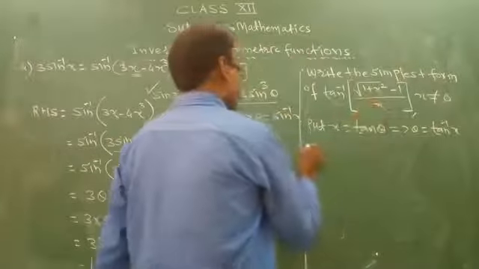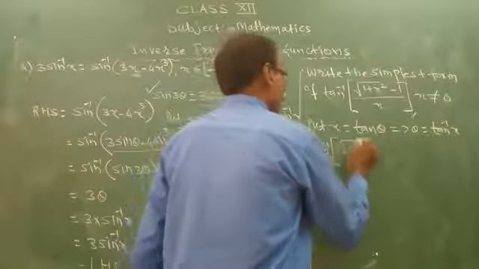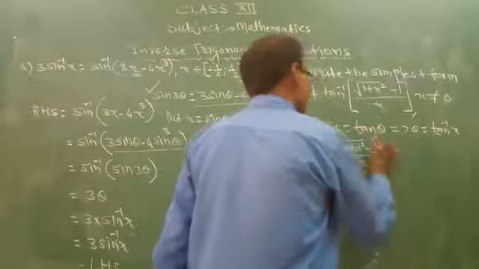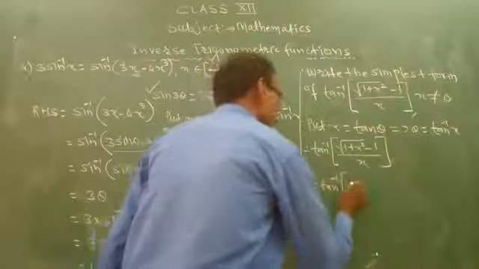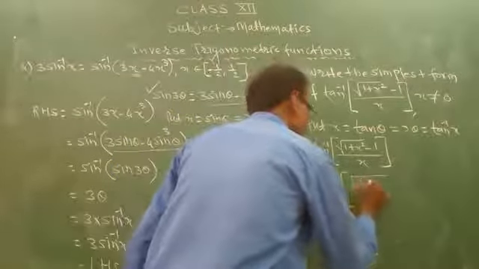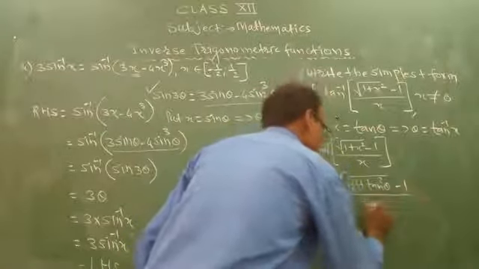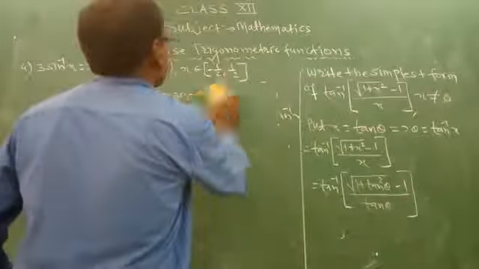So start from there. Therefore, tan inverse of under root 1 plus x square minus 1 upon x is equal to tan inverse of under root 1 plus tan square theta minus 1 upon tan theta. Right?